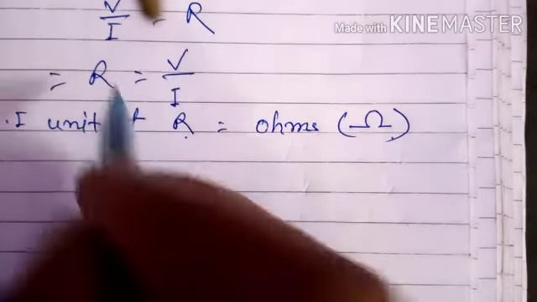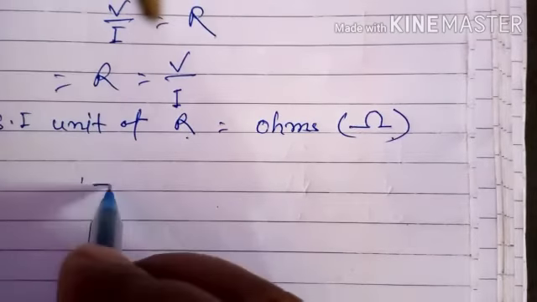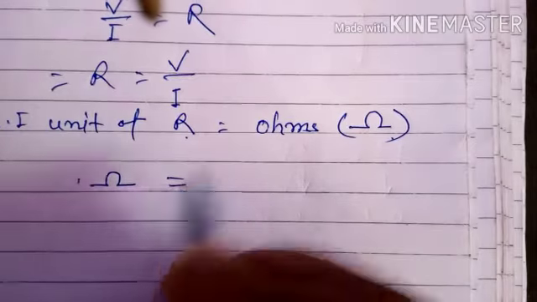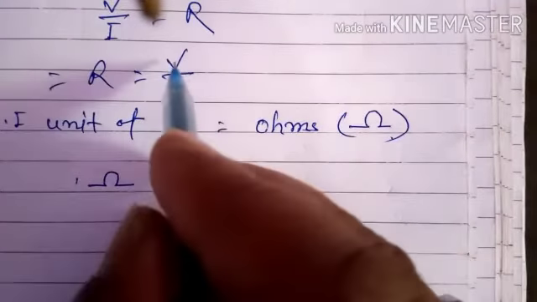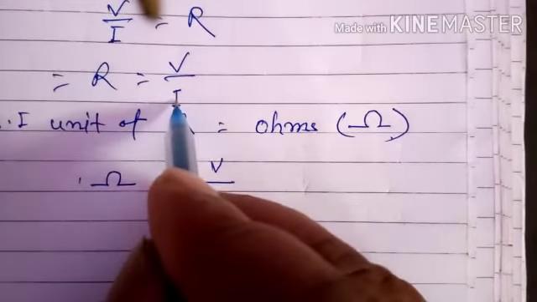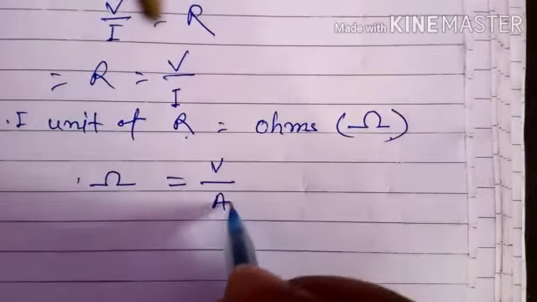First of all we'll write their units. The unit of resistance is ohm, the unit of potential difference is volt, and the unit of electric current is ampere.